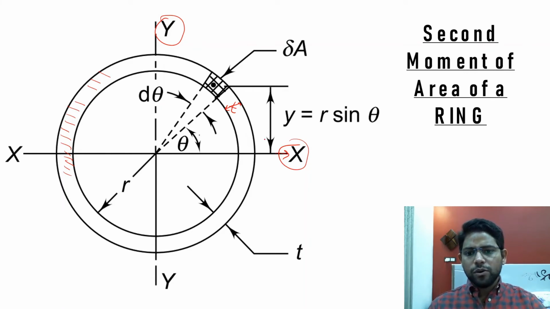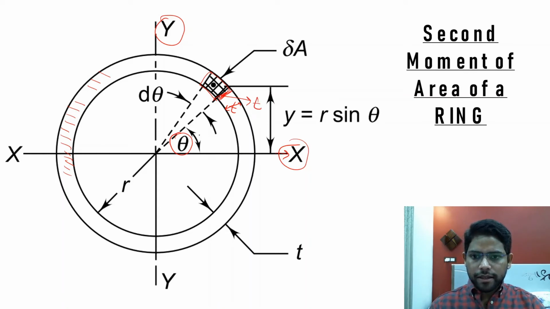Now what we will do, first of all, we will take an elemental area. This is your elemental area which we are going to take, which is inclined at an angle of theta with the x-axis. Now the area of this elemental element is basically t, the length over here is t because the thickness of the ring is t, and this arc over here will be equal to r del theta because this is an elemental area.